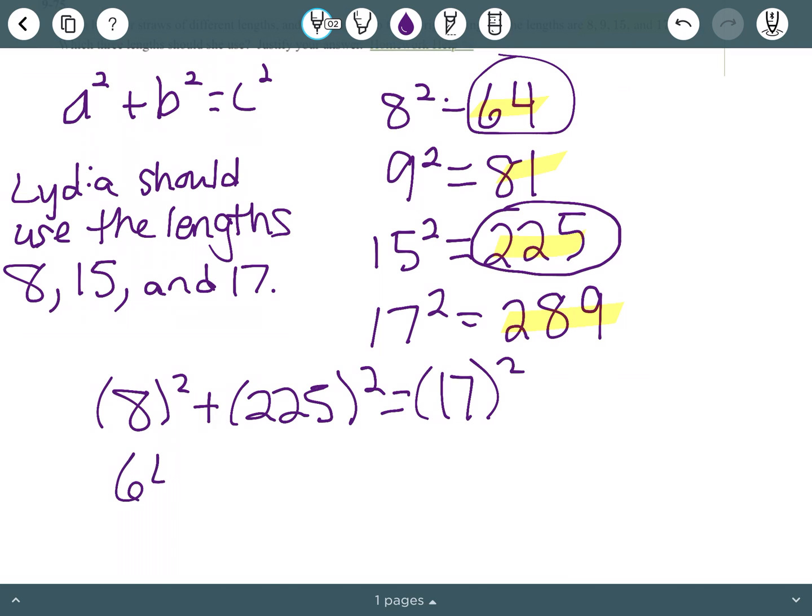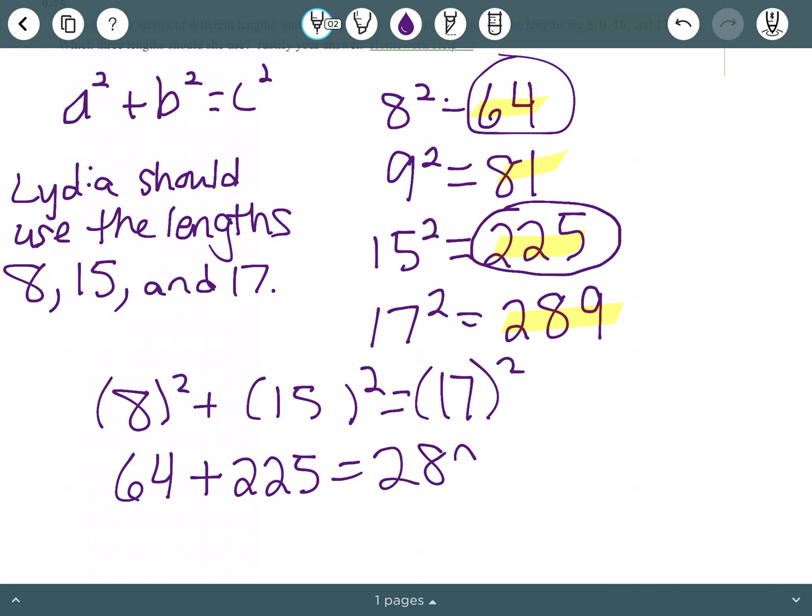Oops, what I should have done here is put 15 in there. So then it's 64 plus 225 equals 289. And it is true that on this side we would have 289. And 289 is equal to 289.